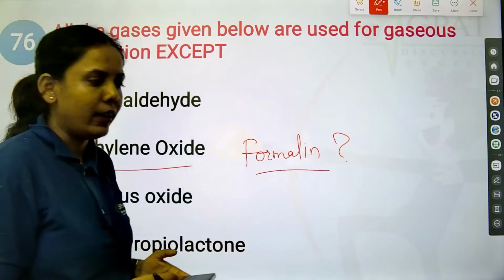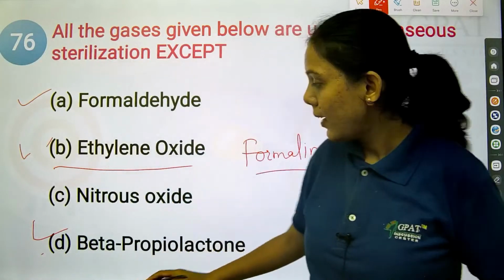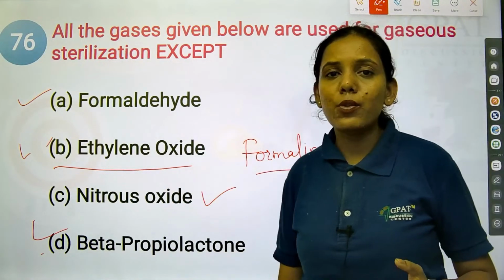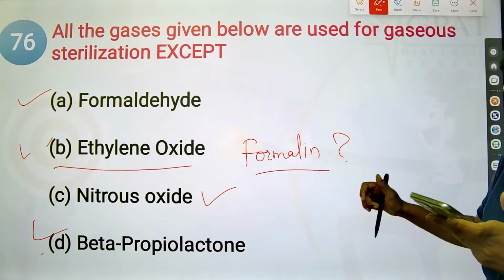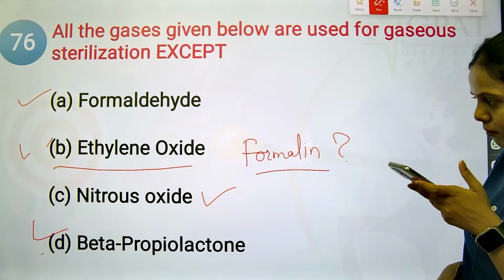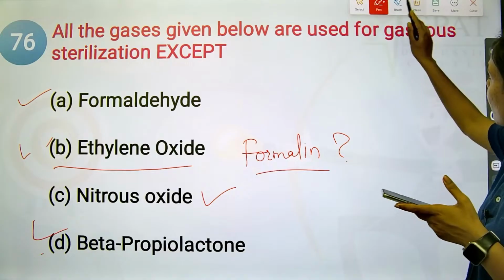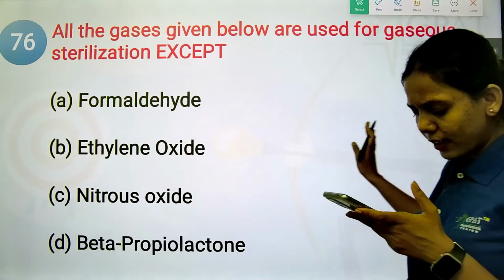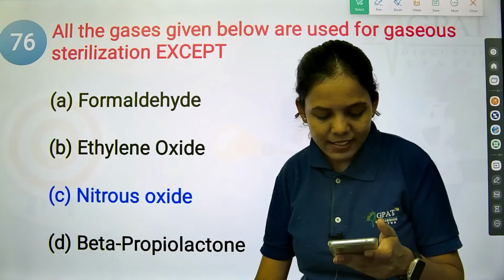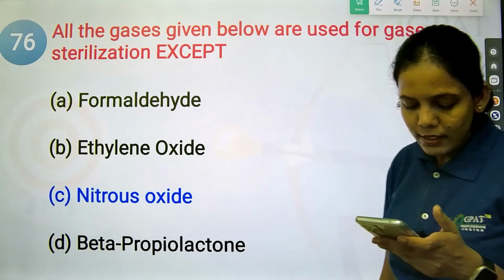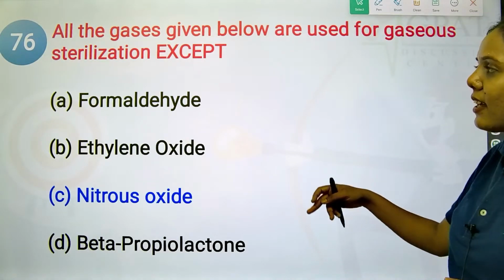Anyways, nitrous oxide we are not using for sterilization. Although it is a gas, it is not for gaseous sterilization. Okay. The plasticizers you are telling. Okay, very good. Sana right, Karthik also right. C is the right answer.